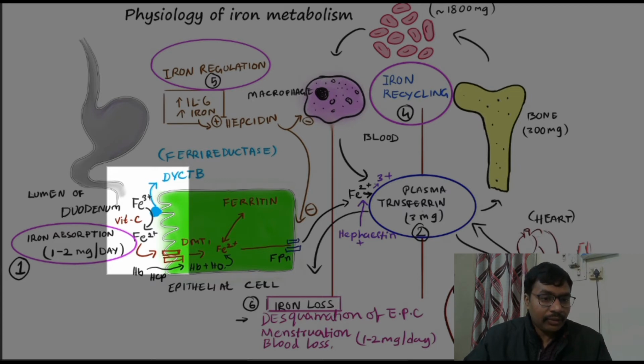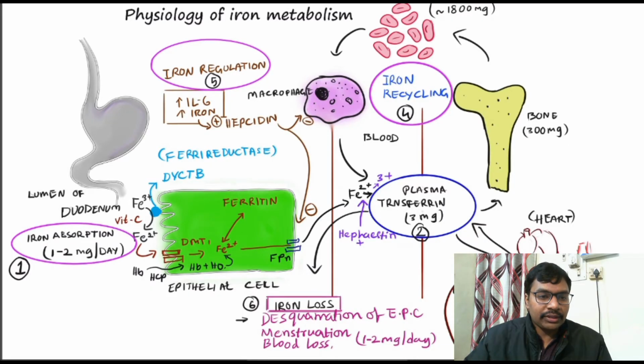The duodenal lumen has a low pH, because the pH in the stomach is very low. The low pH in the duodenal area facilitates the conversion of the ferric form into the ferrous form, which is also helped by vitamin C. The ferroreductase enzyme is very active in an acidic environment.